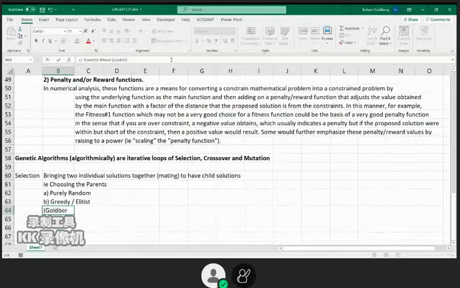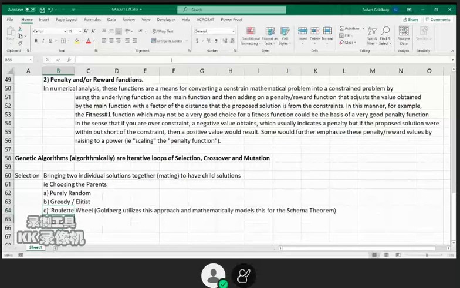So Goldberg uses this approach. Hopefully we'll mathematically model it at the end of the semester, mathematically model this approach for the schema theorem. Okay, good. So that's roulette.